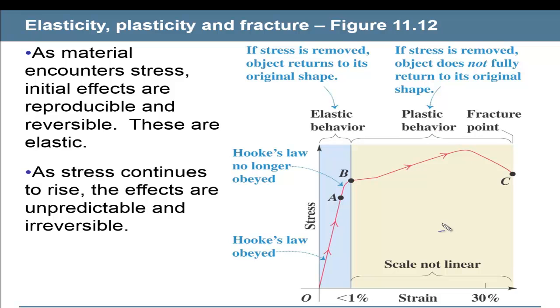But the behavior, maybe more importantly, is that after we pass a certain point, it stops becoming elastic and it starts becoming plastic. So I pull it apart and it stays in the shape that I pulled it.